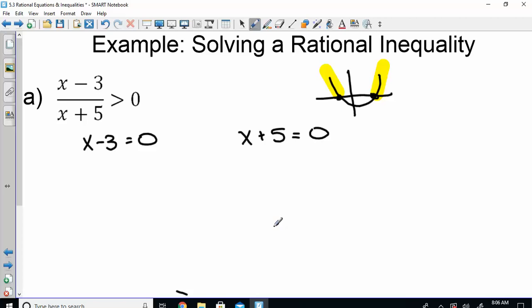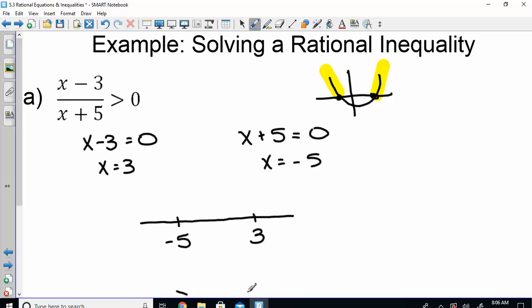And you'll just type in that x minus 3 equals 0. The equation for the denominator, x plus 5 equals 0. So if we solve this, we get x equals 3 and negative 5. Okay, if you think about that on a number line, negative 5 would be here, 3 would be here.